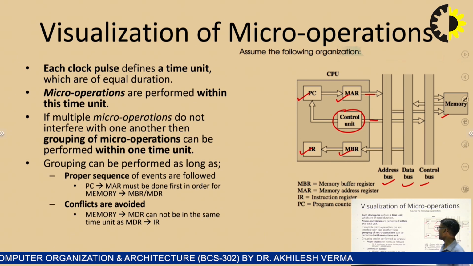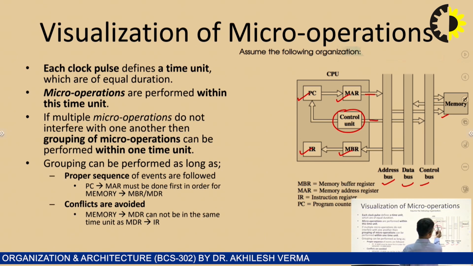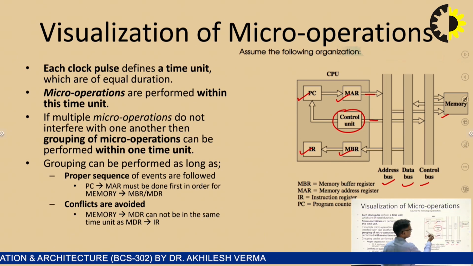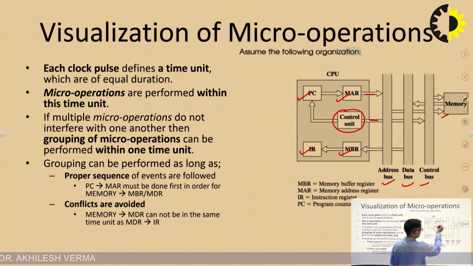So we can see here that there is a flow happening between various registers to bus, or from bus to register, or from register to memory, or memory to register.